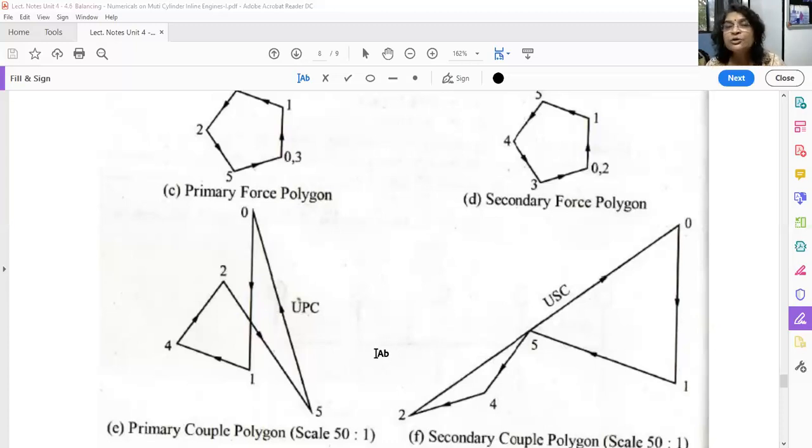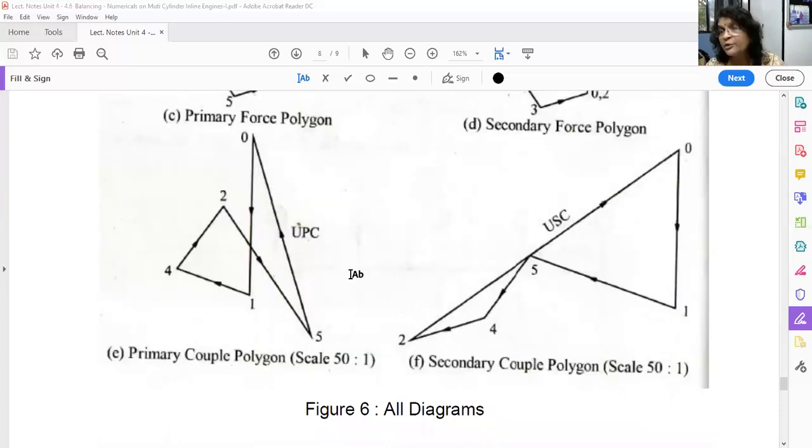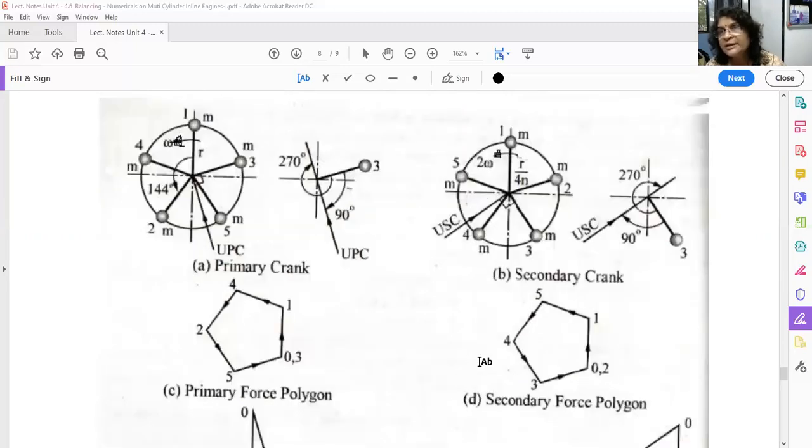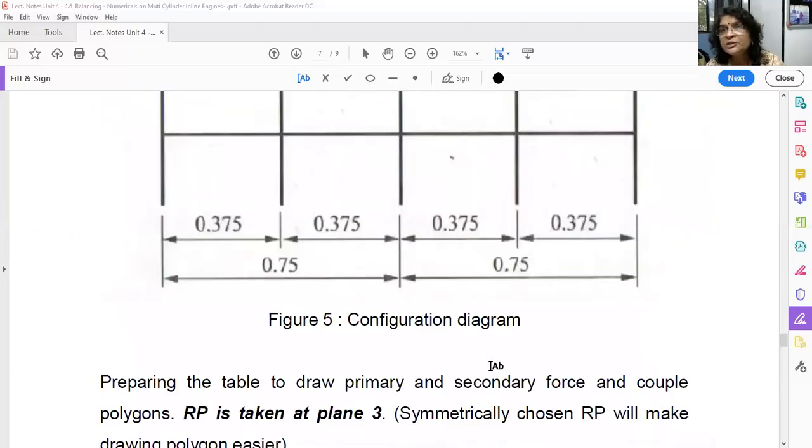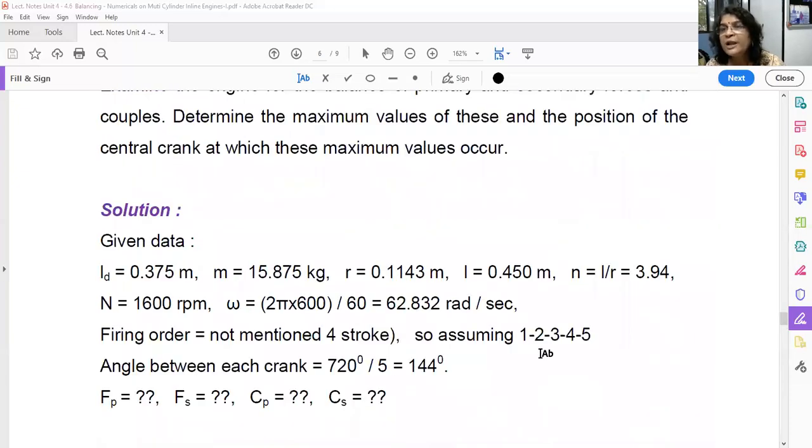So this is homework for you: select such a firing order which will give you minimum couple. So what firing order can you take? Instead of 1, 2, 3, 4, 5, you can take 1, 3, 5, 2, 4. You write down 1, 3, 5, 2, 4. Or you can take 1, 5, 3, 2, 4. Take anything. At least 2 you can try and just see the difference.